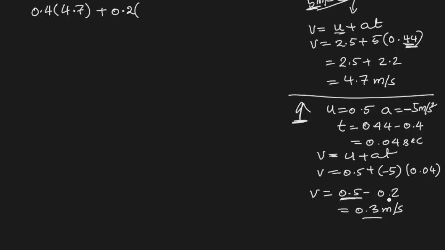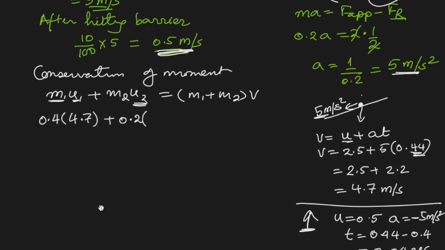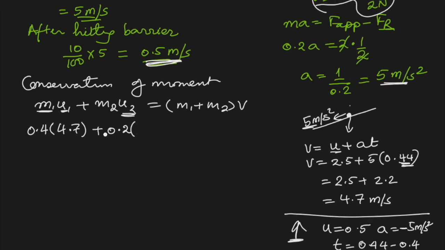It slowed down from 0.5 to 0.3 meters per second, and this is what we are going to use here. But this speed is opposite to this one, so it will be minus 0.3.